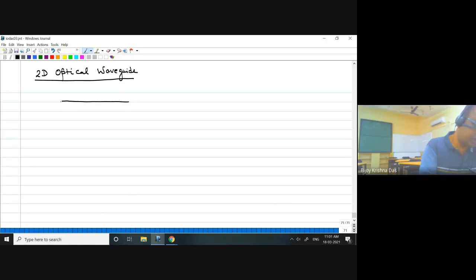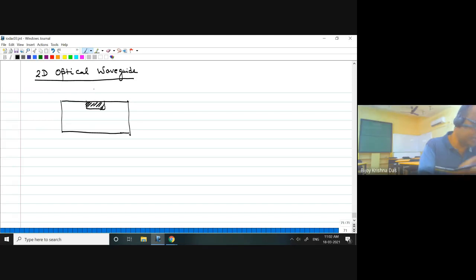You have a substrate and something like this. The cross-sectional view of part of the substrate is shown, and you can have a certain region where you modify the refractive index, and that refractive index will be higher than the surrounding region.